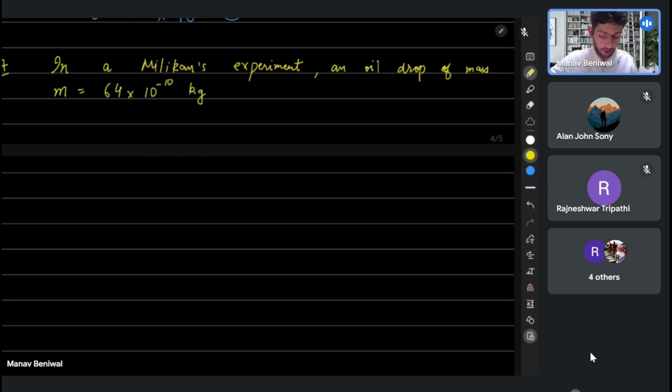Okay, heavier drop, and it is carrying a charge of 8 into 10 to the power minus 14 coulomb. Okay, a lot of charge.